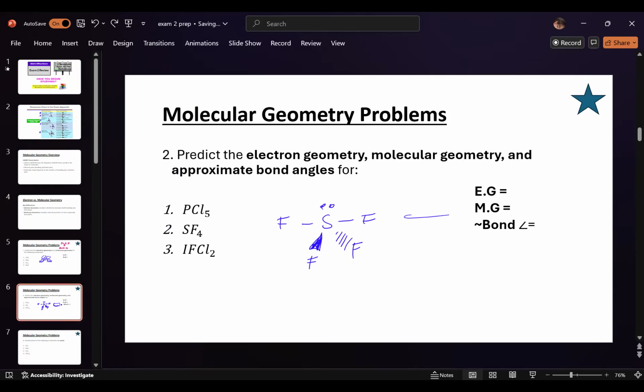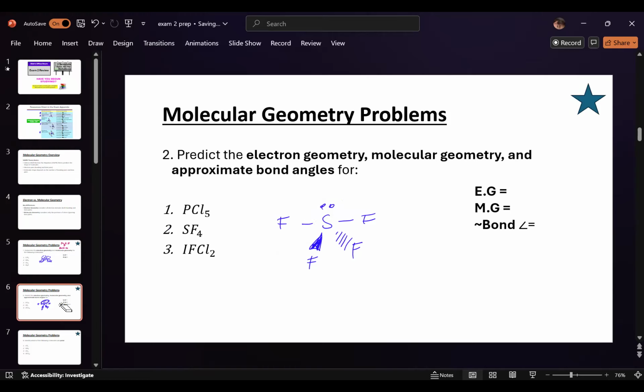The bond angle will be less than 120 and less than 90 degrees. Why do I say less than and not exactly? It's because when you add lone pairs into an atom, it changes the bond angle and it decreases it as long as you keep adding lone pairs into that atom.